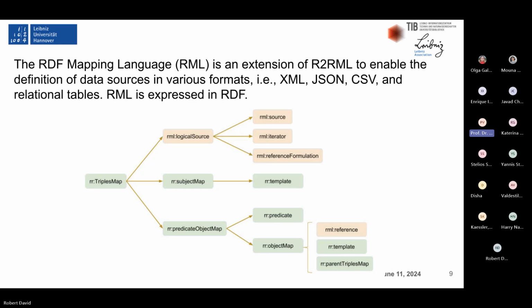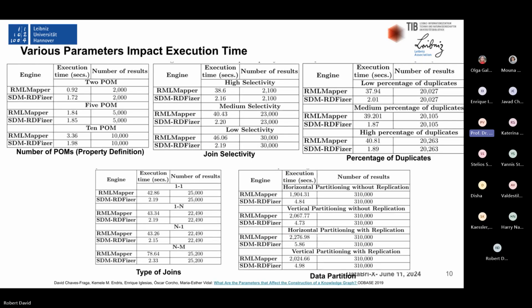So go next. Something very important to highlight is that there are several engines that are able to generate a knowledge graph based on these mapping languages. For example, for RML, today I'm going to present the RDFizer. And this is a paper that we presented some years ago.